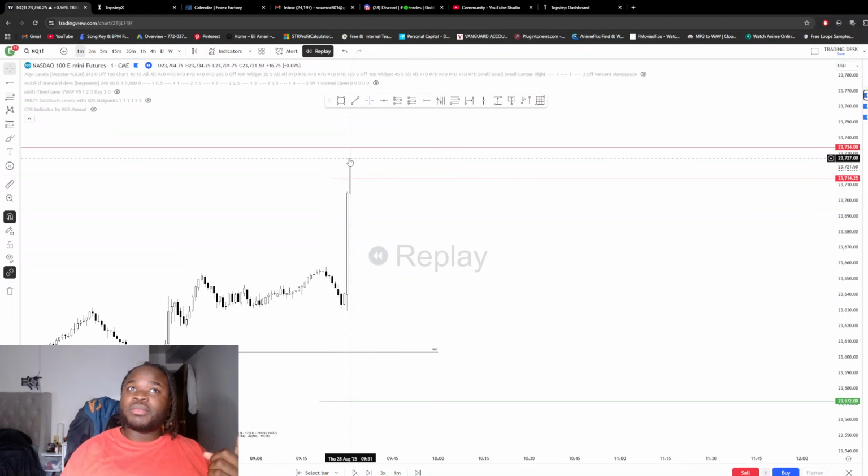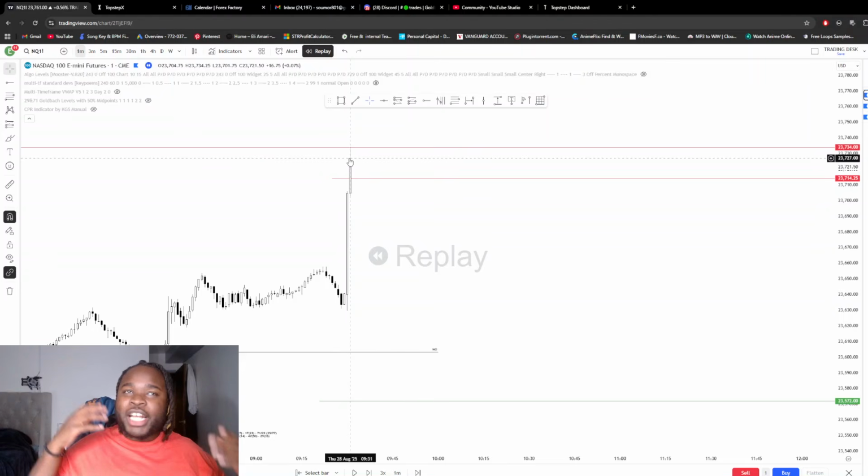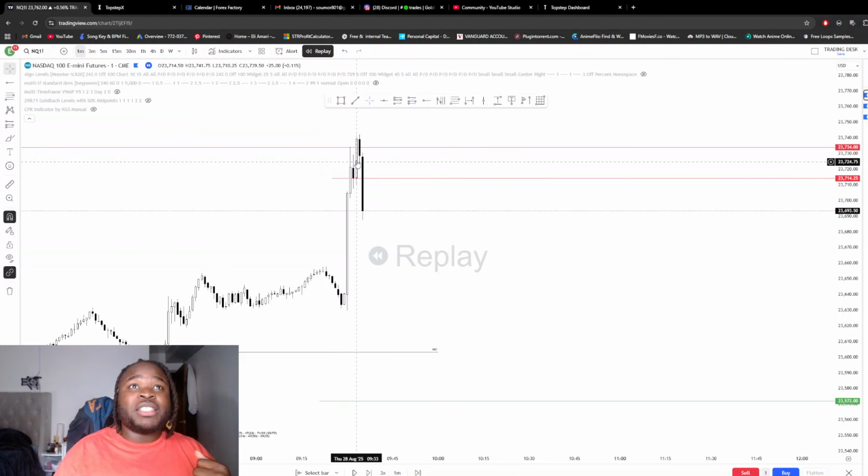If you want to connect it to the PD arrays in ICT's terminology, you can start seeing that I can build a story and an understanding of why and where I should be getting into price. Let's see what happens as these candles continue to print. The price rejects it, tries one more time, and then fails.